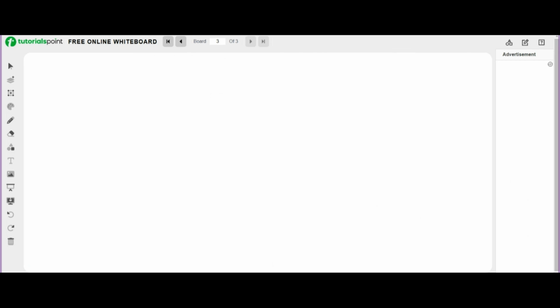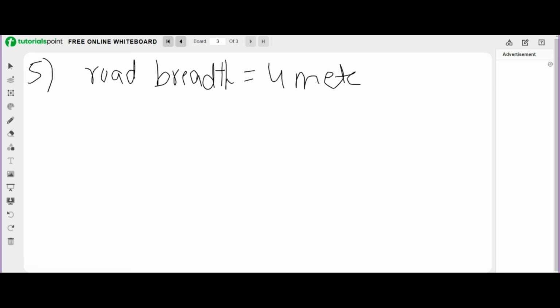let me do it here, I'm just explaining. This is question number 5. First, the road is 4 meters wide. Road breadth is 4 meters. So we have to subtract 4 from each side.